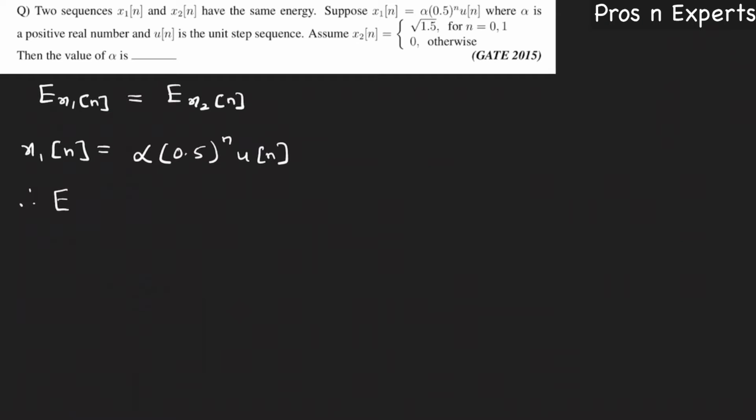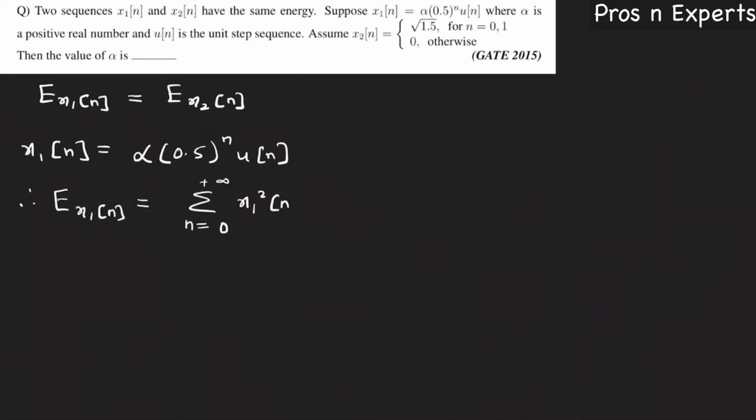Energy of x1 of n is the summation from n equal to minus infinity to plus infinity, but since the signal is multiplied with u of n, the signal exists only on the positive time axis, that is from n equal to 0 to infinity. So we need to find the summation from n equal to 0 to infinity.